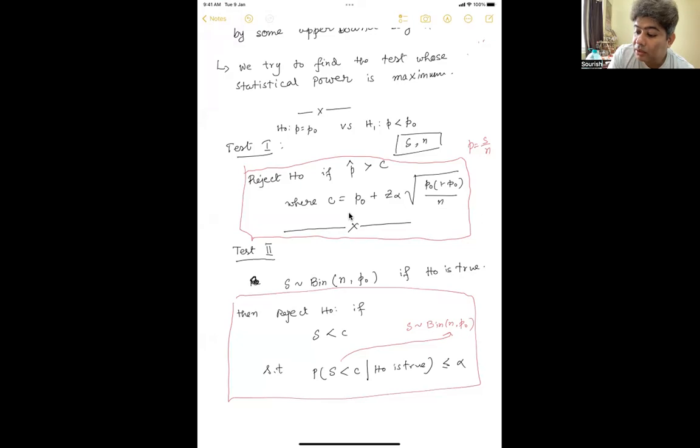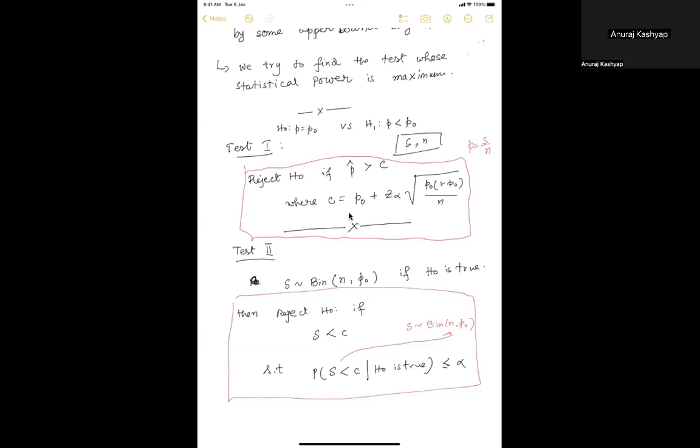What about the first test? We are not assuming any distribution for the first test. So in the first test, we're using the CLT. So what distribution are we assuming for the first test?